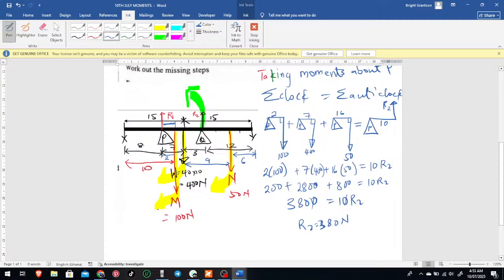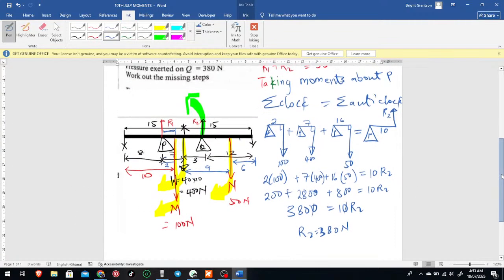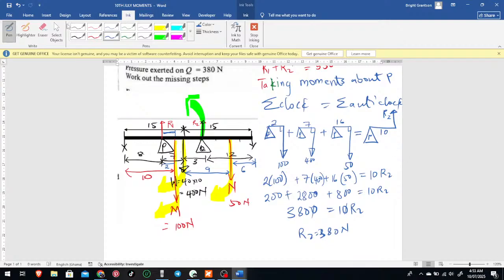Please, do you understand? Let me see now we've solved it. Sir, I didn't get that one. Even the answers are in the question. Couldn't you see it? So you see, I took moments about Q. If you take moment about Q, it should give you the same answer. This one over here, 380 newtons, is the value of R2.